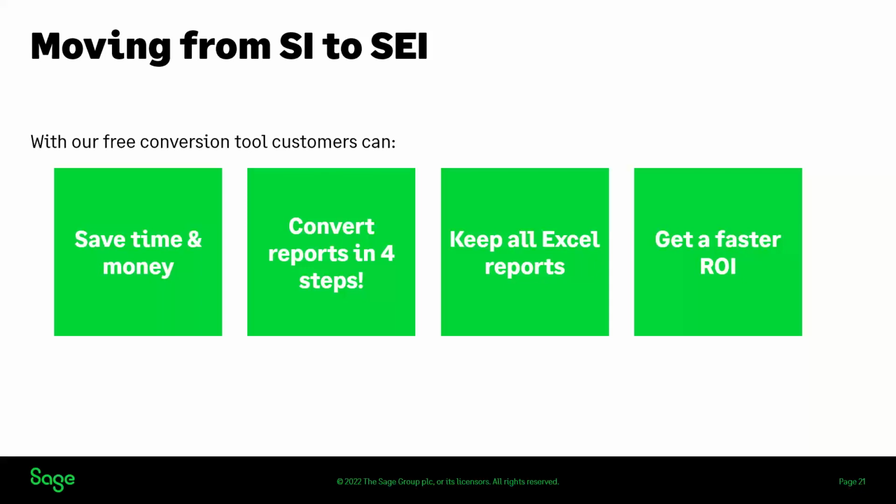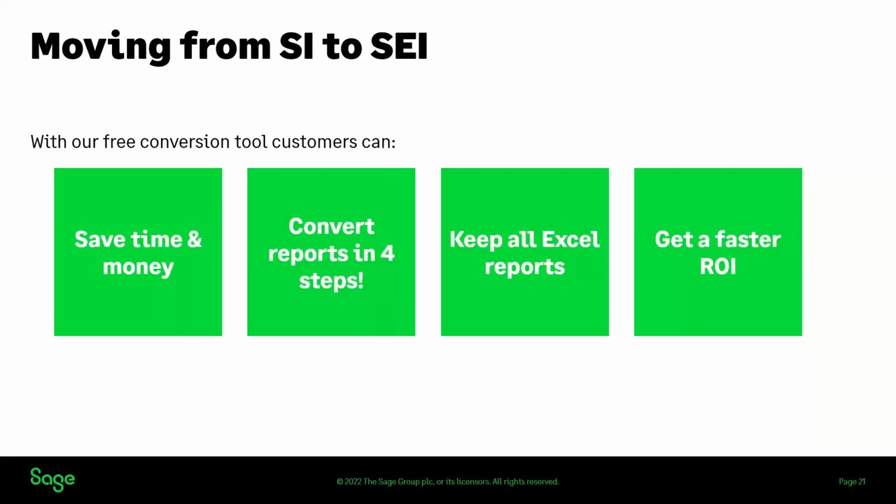It's a free tool that comes with this solution and will allow you to convert your reports in a few simple steps. This is available today for Sage 300. We do have customers that have used this tool to convert reports. It is now also available for beta for our Sage 100 customer base as well. So if you are a Sage 100 customer on the line using SI, potentially interested in SEI, please don't hesitate.